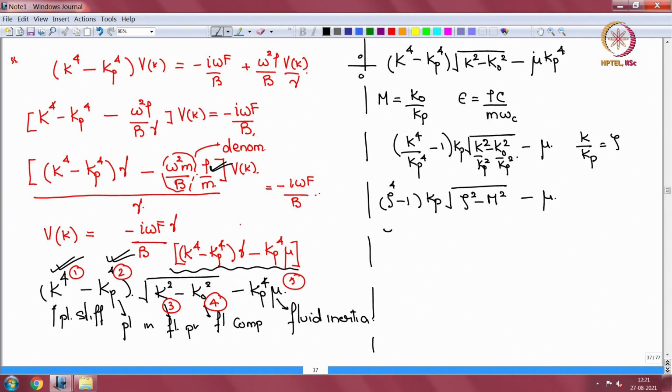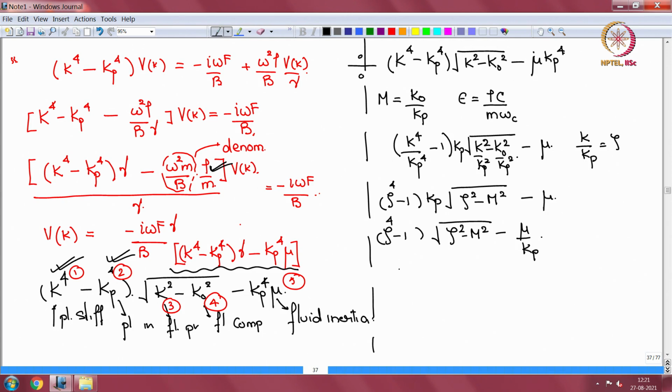Then I have zeta to the power fourth minus 1, square root of zeta square minus m square minus mu by kp. Okay, so let us look at mu by kp.